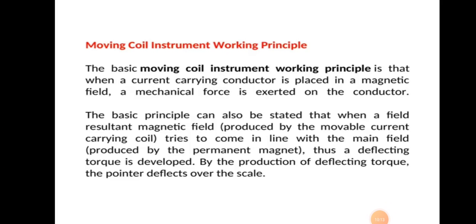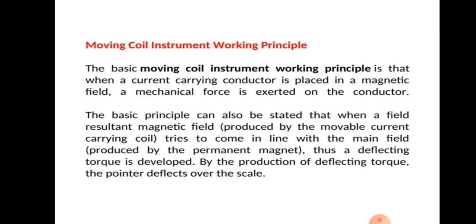Now here we can see the moving coil instruments' working principle. So how does the actual PMMC work, as this is a moving coil instrument? The basic moving coil instrument working principle is that when a current carrying conductor is placed in a magnetic field, a mechanical force is exerted on the conductor.